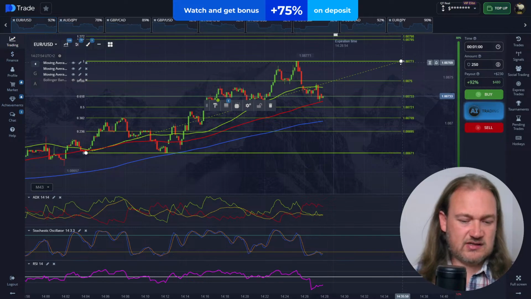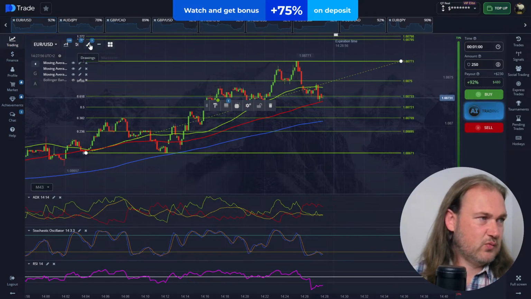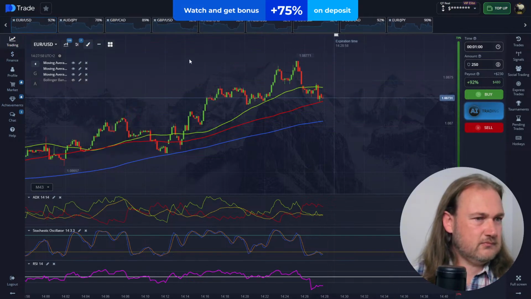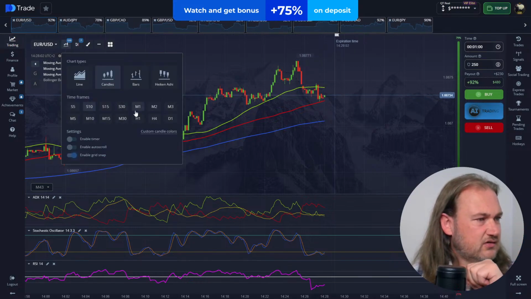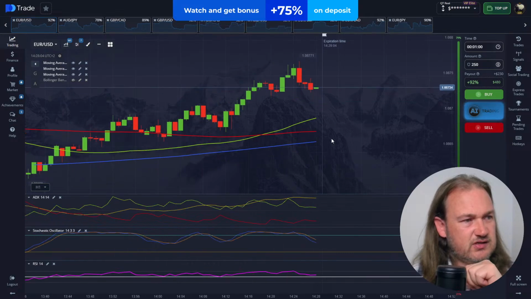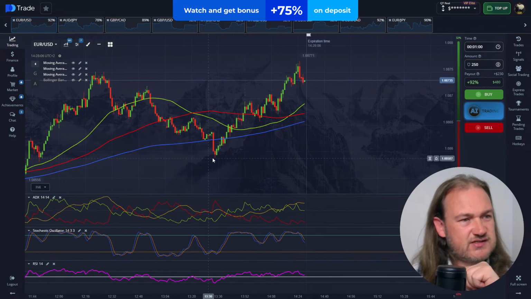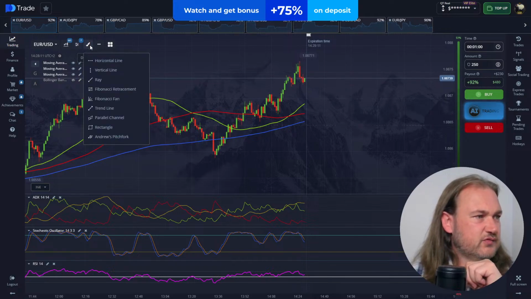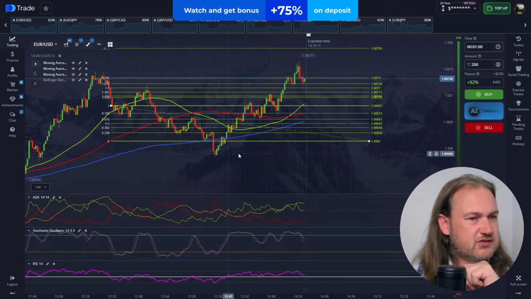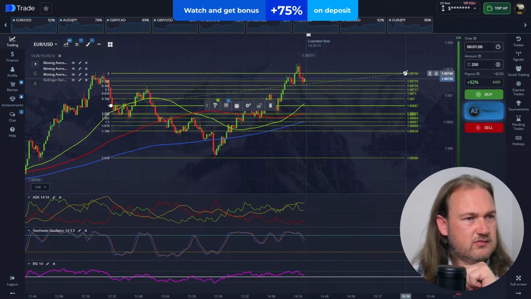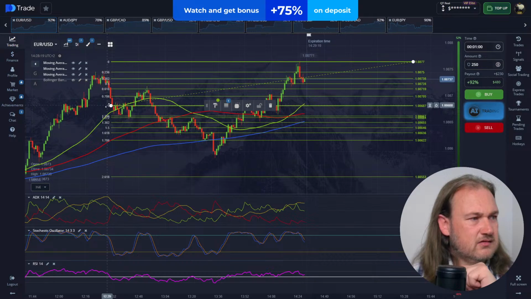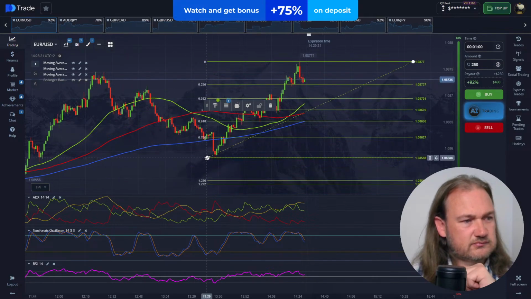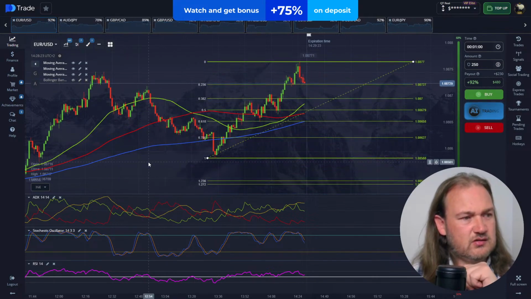Let's have a look at the 1 minute, because we do have the data coming. So this is our current move on the 1 minute. We're going to draw in our Fibonacci retracement on that. So that's the high and that's the low. There we are.